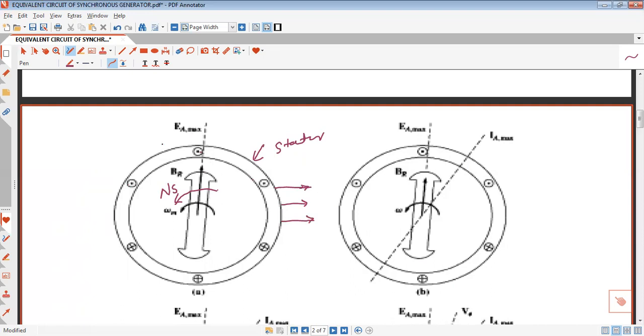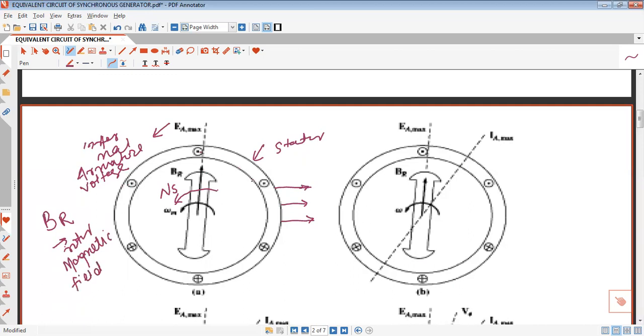This EA max is the internal armature voltage produced, and this BR is nothing but the rotor magnetic field, and it is along the direction of EA max.